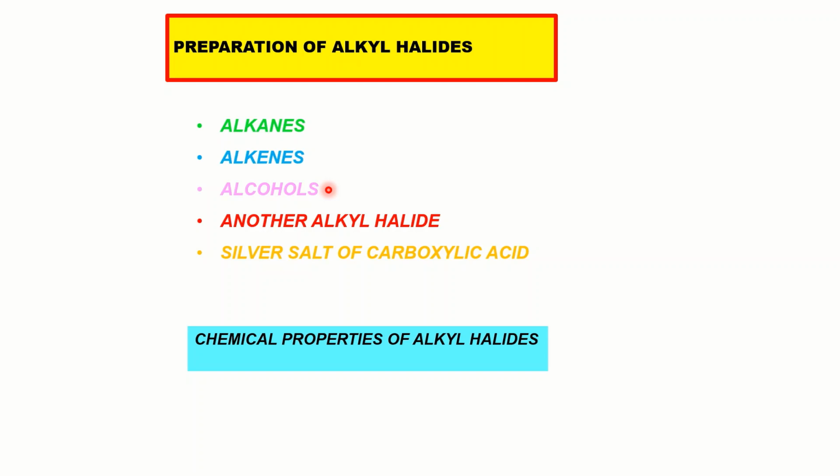This method is known as Darzens' method. The fourth one is the preparation of alkyl halides from another alkyl halide by the halide exchange method. The last one is the preparation of alkyl halides from the silver salt of carboxylic acid. This reaction is known as the Hunsdiecker reaction.